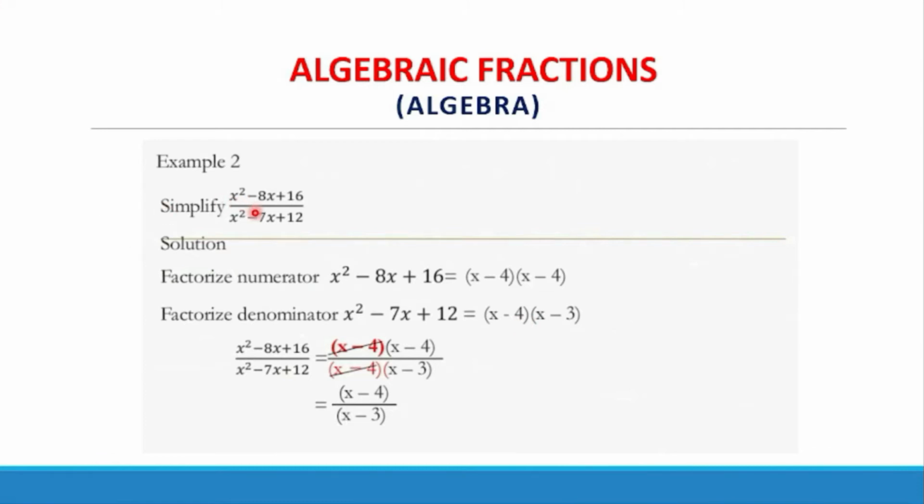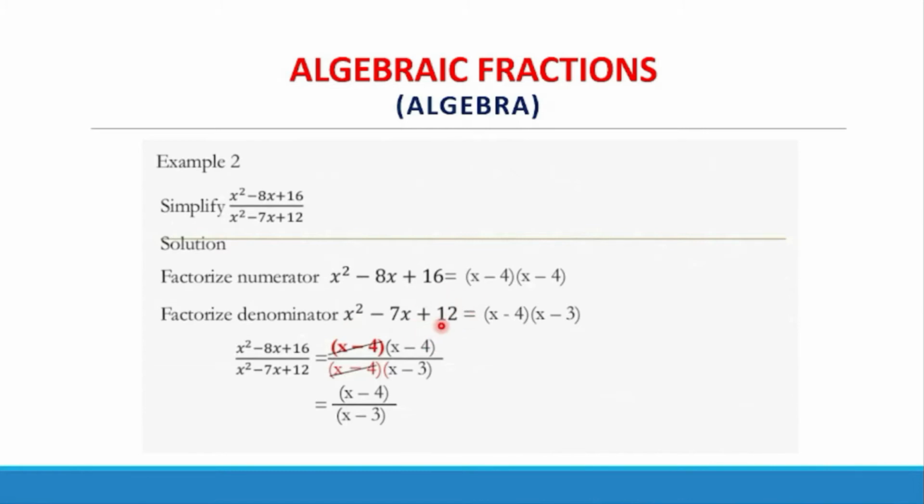Example: simplify x squared minus 8x plus 16 all over x squared minus 7x plus 12. For the solution, factorize the numerator, x squared minus 8x plus 16, to x minus 4 multiplied by x minus 4. Then factorize the denominator, x squared minus 7x plus 12.